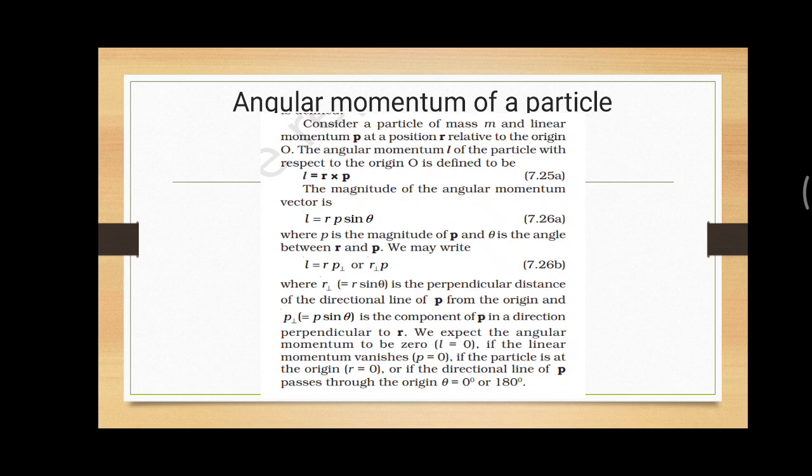So here r cross p, in the same way that we have considered in the case of the torque, will be rp sin theta. So the magnitude of L will be rp sin theta. This rp sin theta can be written as r sin theta times p, or r perpendicular p, where r perpendicular is the perpendicular distance between the vector p and the origin, and p perpendicular is the perpendicular component of p, or the component of p in the direction perpendicular to r.